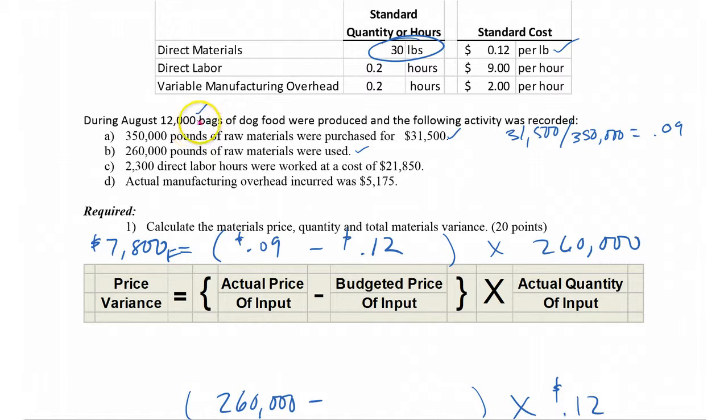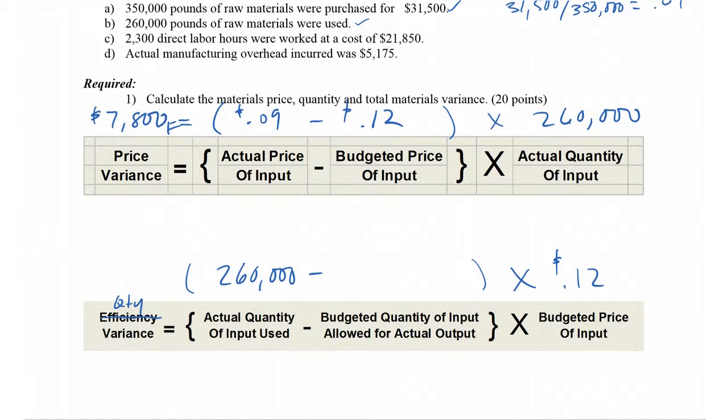So let's look at our formula again. The actual quantity of input used, so we used 260,000. The budgeted amount allowed. So what this would say is we produced, for our actual output, 12,000 bags, and we should have used 30 pounds per bag.